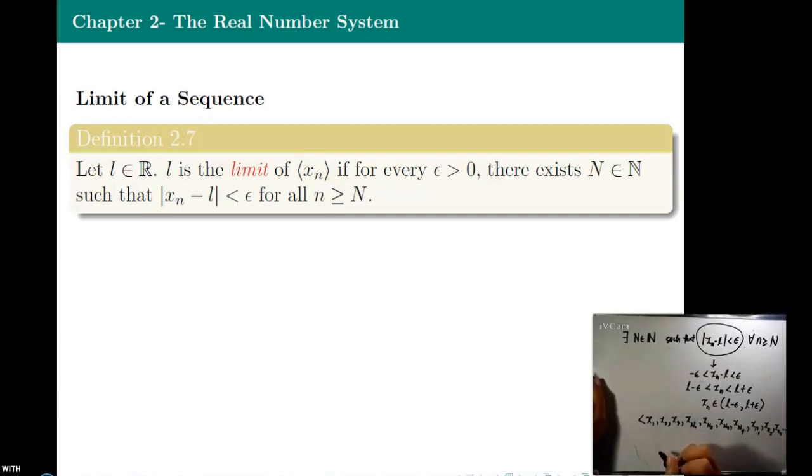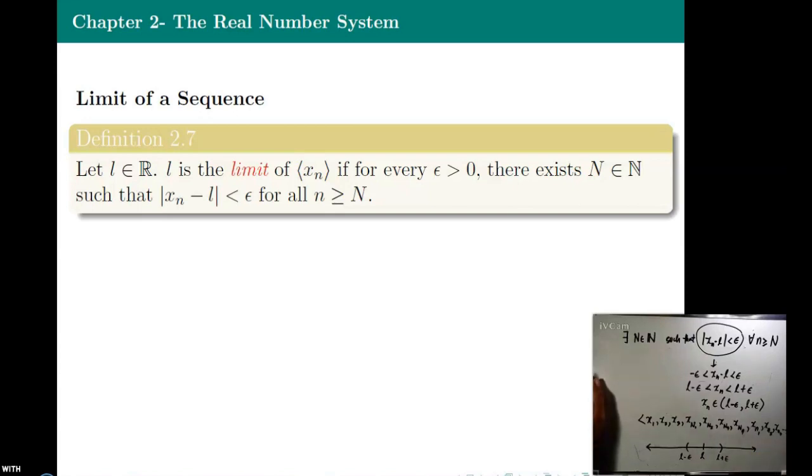So if we are to illustrate that one using the real number line, if this is our limit of the sequence L, we have here our open interval L minus epsilon, L plus epsilon.